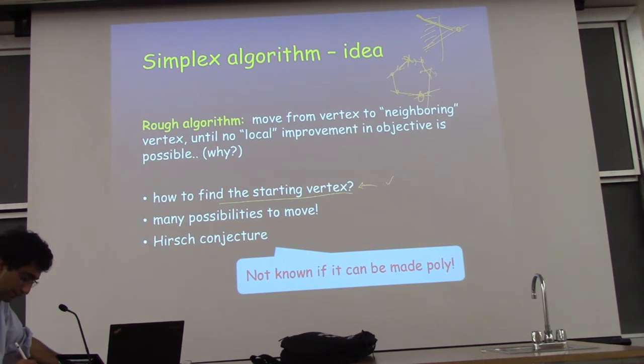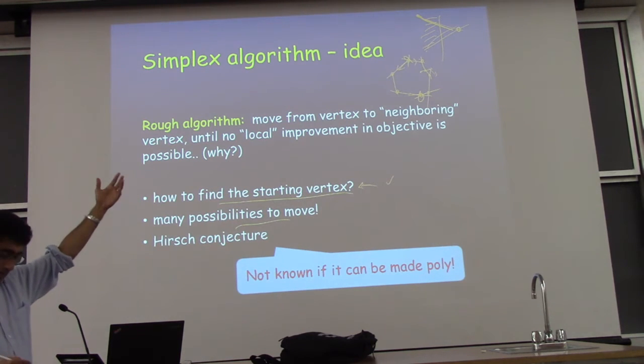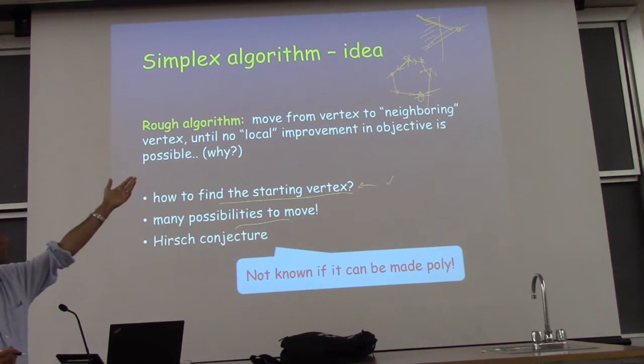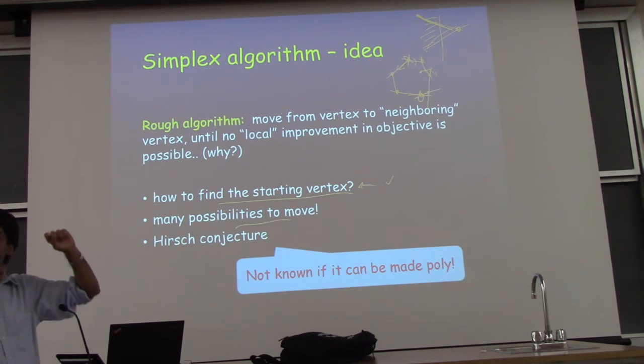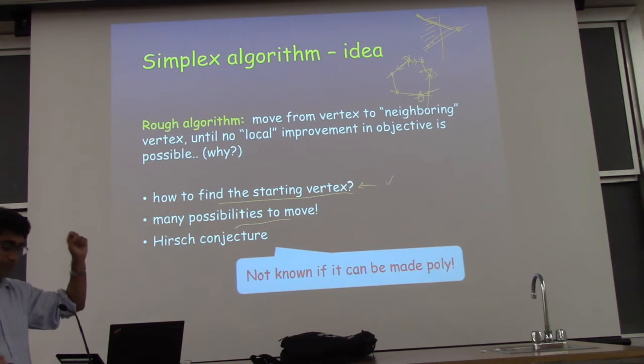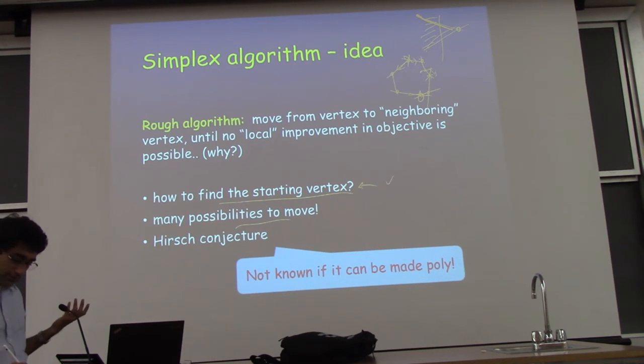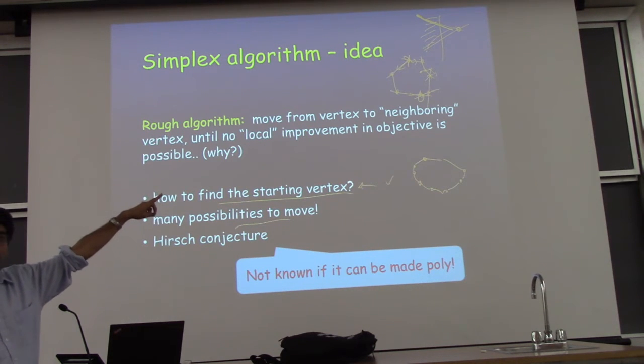The other thing is there are many possibilities to move. As I said before, in high dimensions, even in 2 dimensions, both the neighbors could yield a better function value. You can imagine an extreme example where your optimum is somewhere over here, and then you have a long path here which also leads to the optimum.